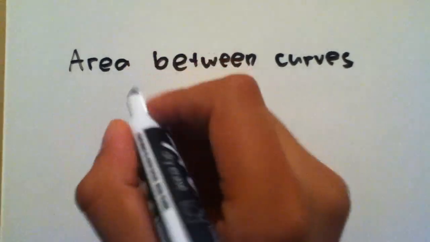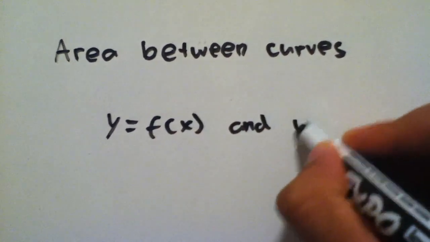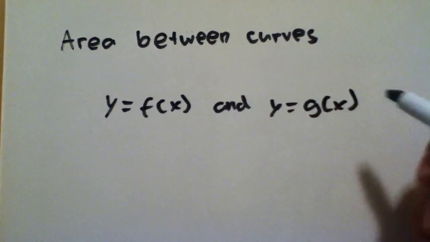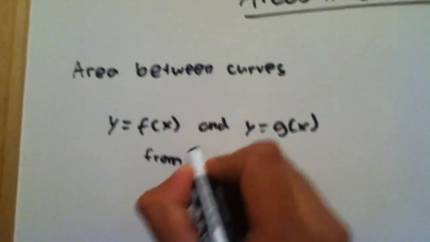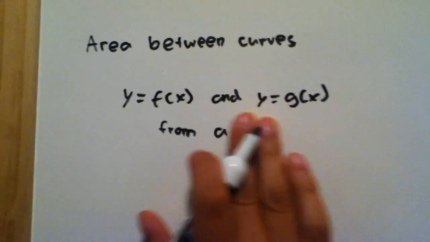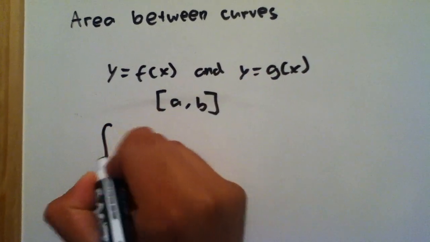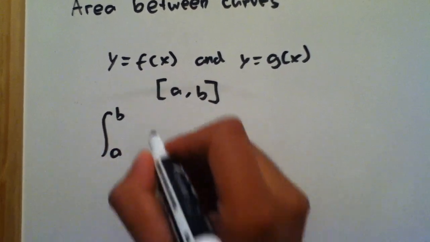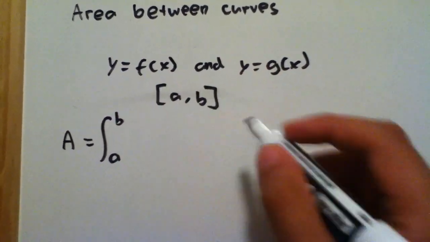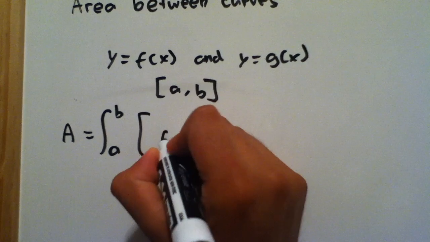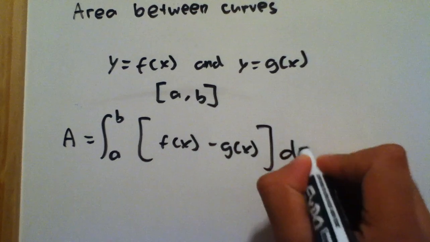If you have the area between two curves, y is equal to f of x and y is equal to g of x, these are your two curves, and you want to find the area enclosed between them from a to b, then you can use this simple integral from a to b of f of x minus g of x dx.